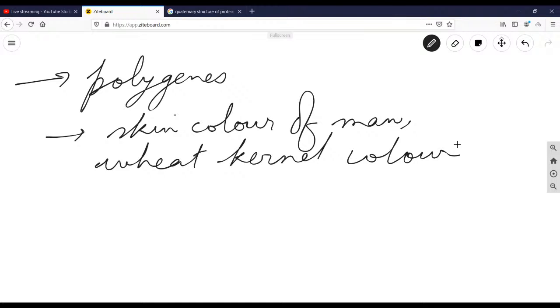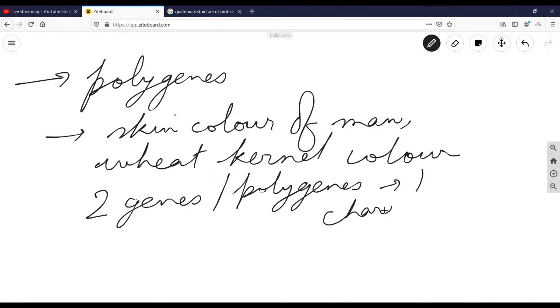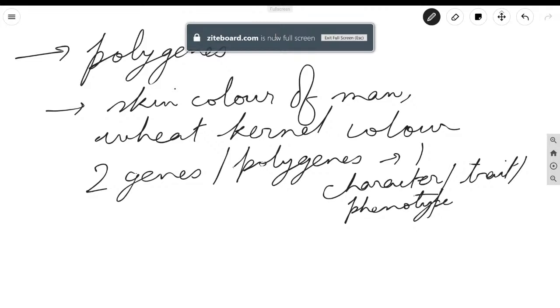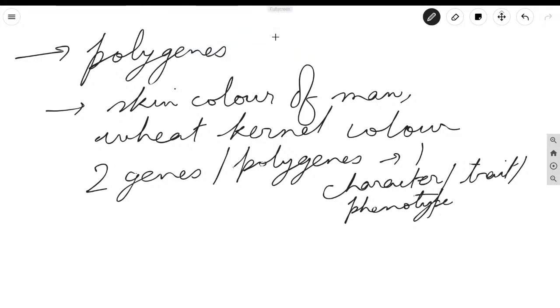It does change the Mendelian ratio also. I'll just give you a perspective, because the entire derivation via the cross is not in your course. When two polygenes are considered for one character, trait or phenotype, you have a ratio which is very different, something that you might not have seen.